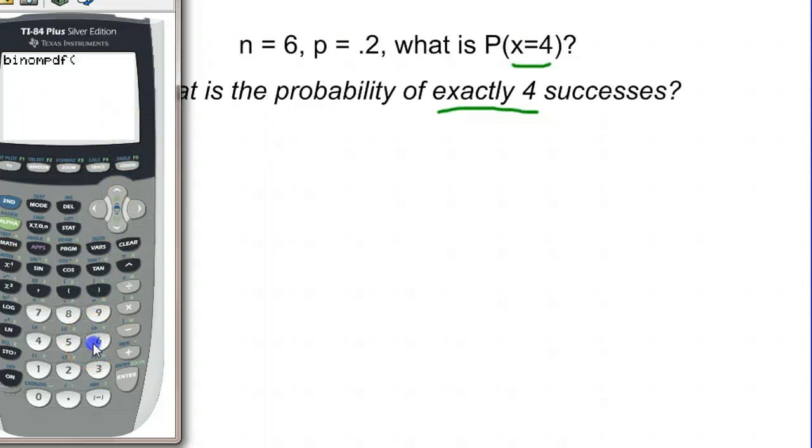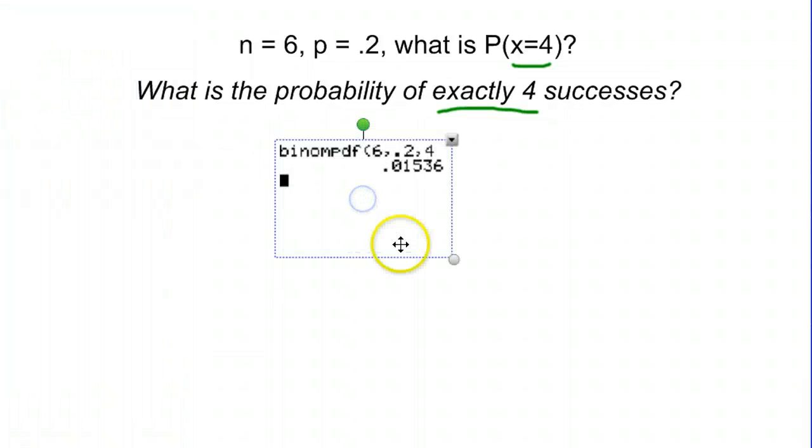So 6 comma 0.2, and then exactly 4 successes, so x equals 4. Then our answer, the probability of exactly 4 successes, is 0.015 if you round it off to 3 digits.